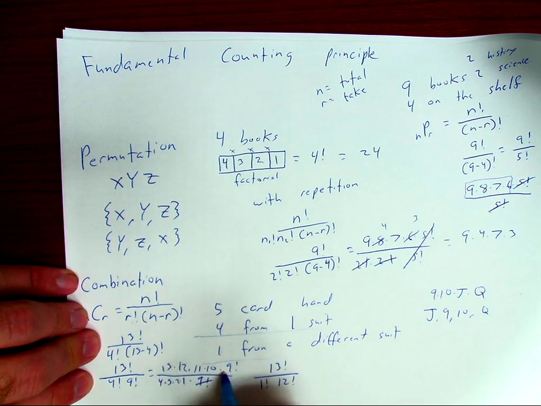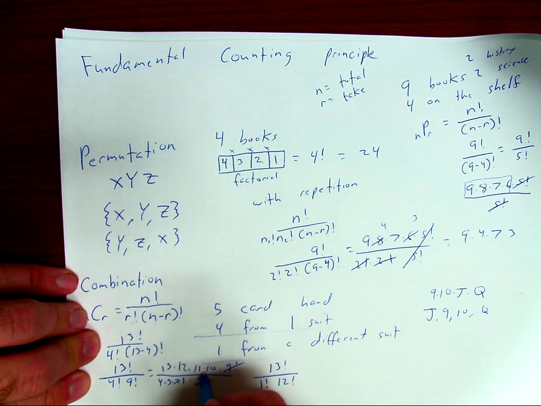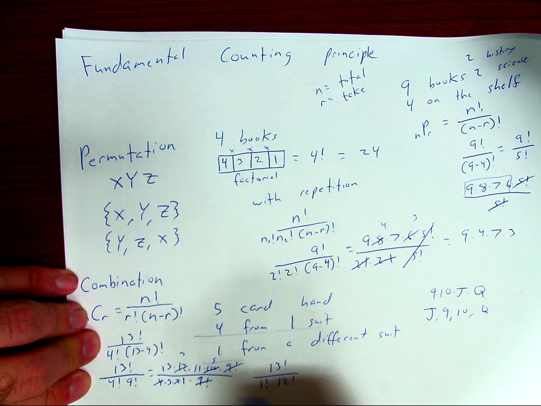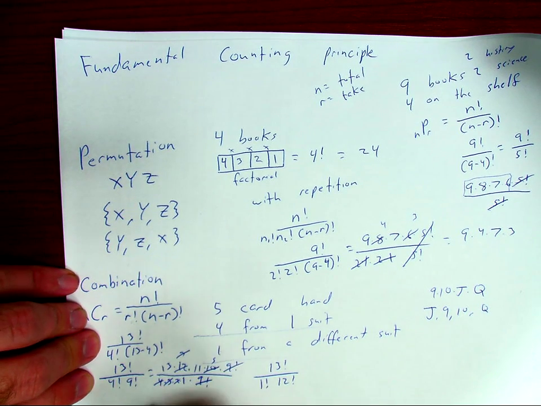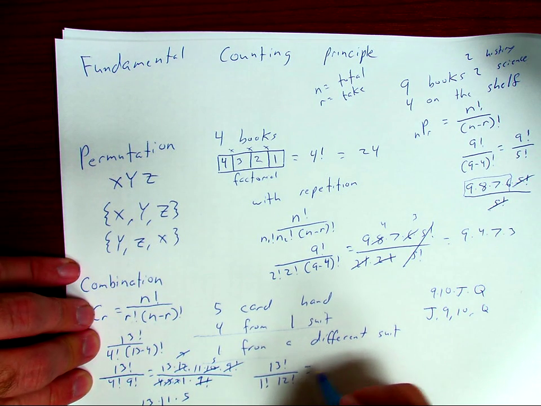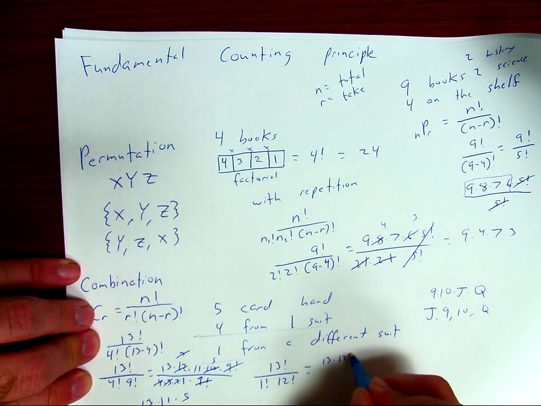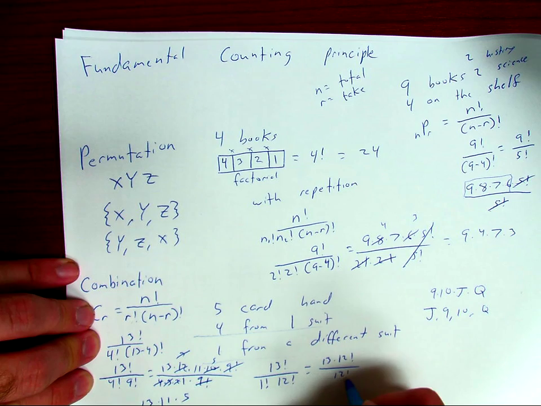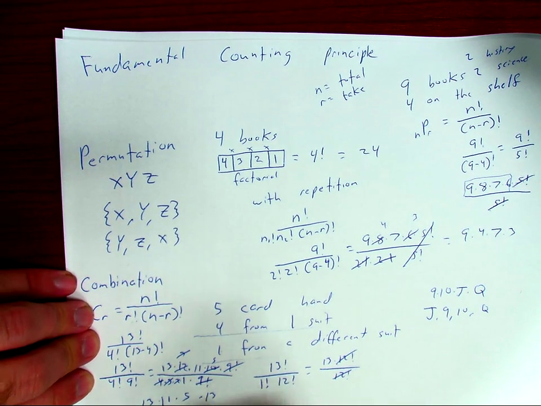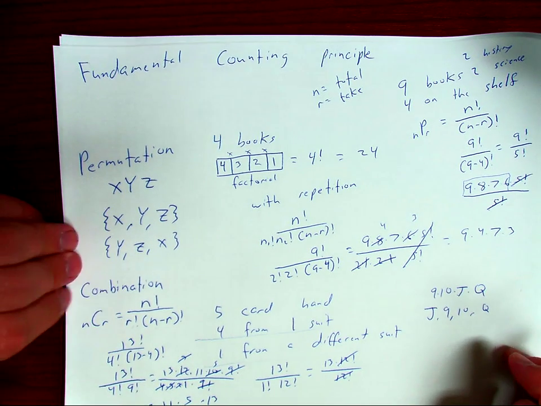So our 9 factorials still cancel out. 2 goes into 10 5 times. 4 goes into 12 3 times. And 3 goes into 3, leaving us with 13 times 11 times 5. And for this one, this is almost going to cancel out completely because 12 factorial and 12 factorial match, so those cancel out. So times 13. It's going to give us a pretty large number of choices.